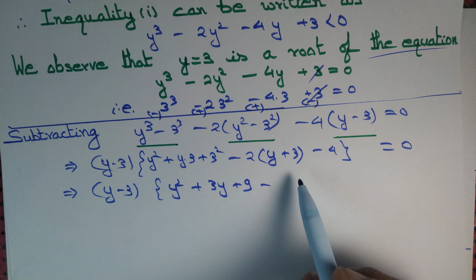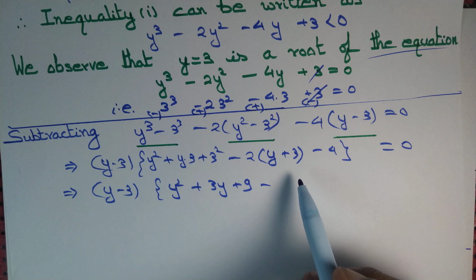Now, we observe that y equal to 3 is a root of the equation y cube minus 2y square minus 4y plus 3 equal to 0. That is, if I replace y by 3, then I get the equality. So let's subtract.